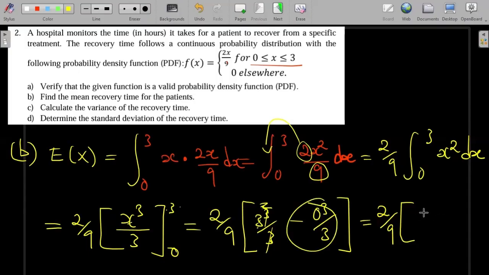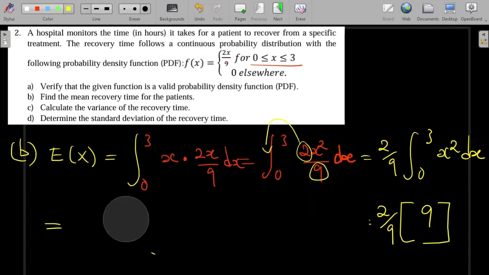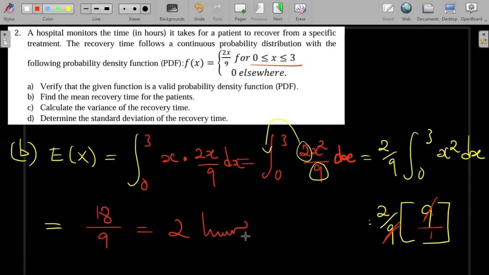So inside there I'll just have 9. Our expected value will just be 2, because this 9 and this 9 will cancel. Remember, this 9 is over 1. If you don't want to cancel, you can say 2 multiplied by 9 is 18 divided by 9, which is just 2. So the mean recovery time will just be 2 hours.